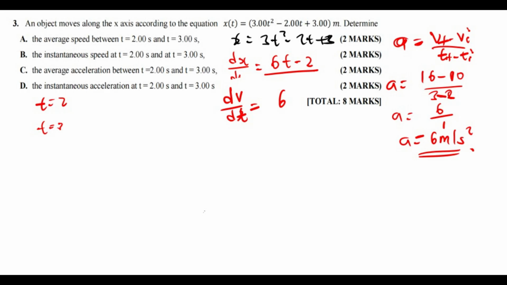After differentiating the formula, we have found just this 6. It's the same as that question when we had the constant only. So the instantaneous acceleration, yes, it's just 6.